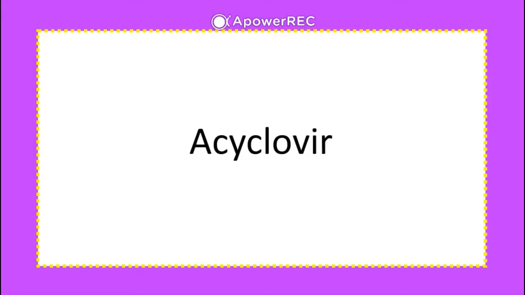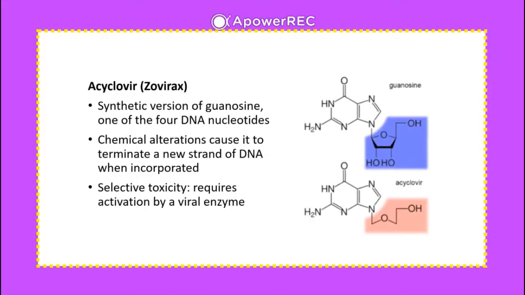The next one is Acyclovir. Acyclovir, also known as Zovirax, is a synthetic version of guanosine, which is one of the 4 DNA nucleotides. As you can see here, the relationship between guanosine and acyclovir is nearly identical. The ribose sugar, however, is altered.